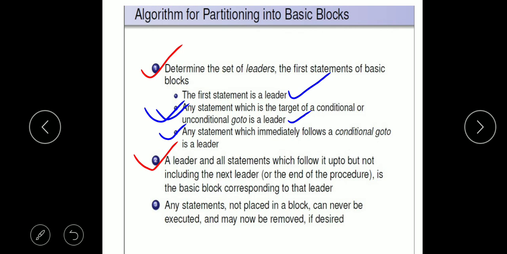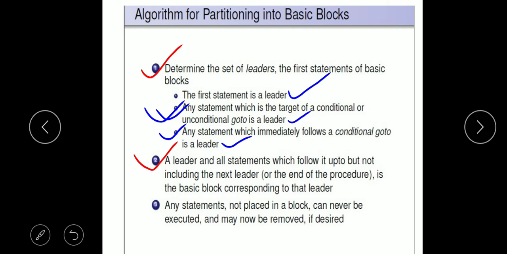So you need to remember 3 rules to identify leader statements. Number 1, the first statement of given intermediate code would be a leader statement. Second, any statement which is the target of a conditional or unconditional go to would be a leader statement. And rule number 3, any statement which immediately follows a conditional go to is a leader statement.